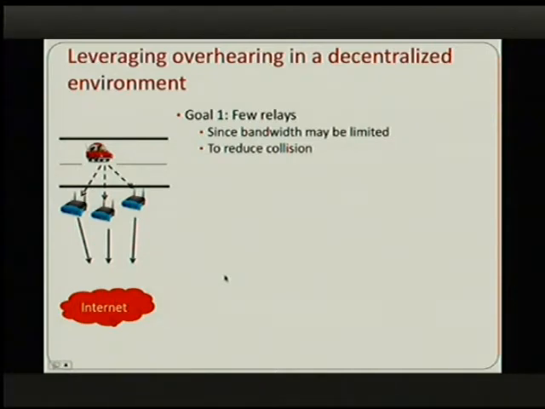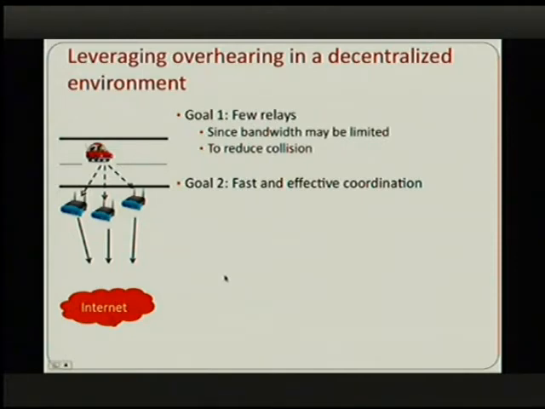So we wanted to ideally run a coordination among these access points so that only a few of them would relay. And we wanted this coordination to be fast, so we don't want to run a consensus algorithm, because we want to support something like VoIP. And we wanted it to be effective, in the sense that the one that finally relays the packet should actually be able to successfully relay the packet.